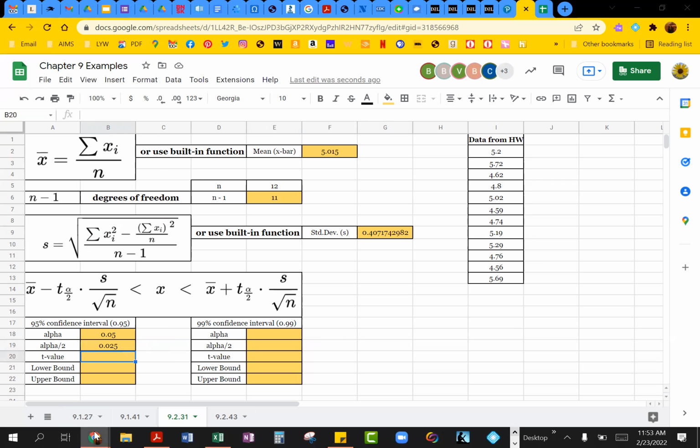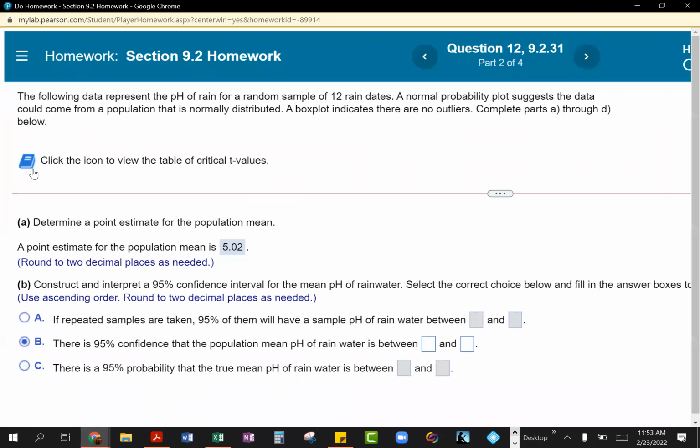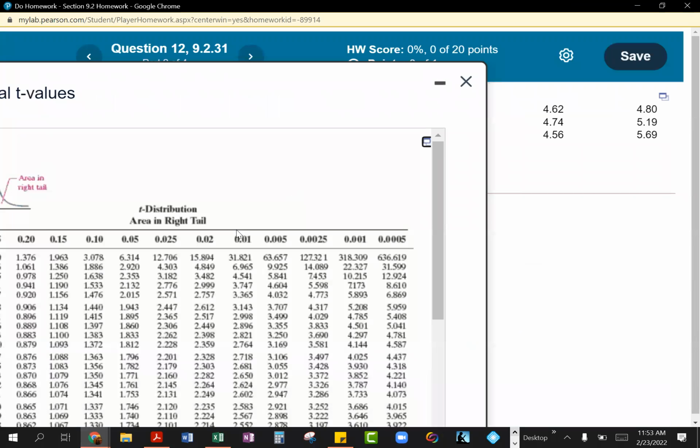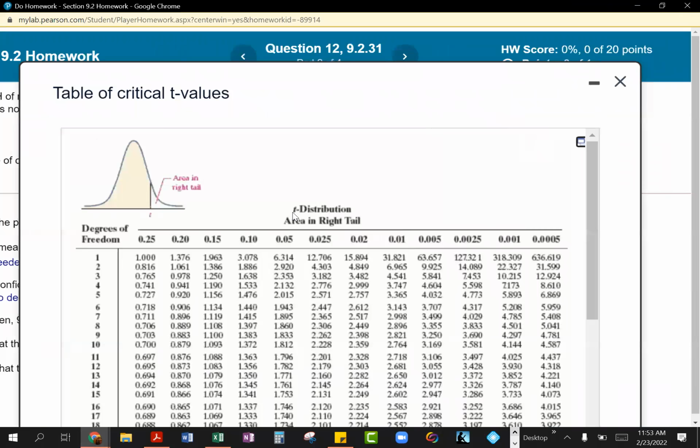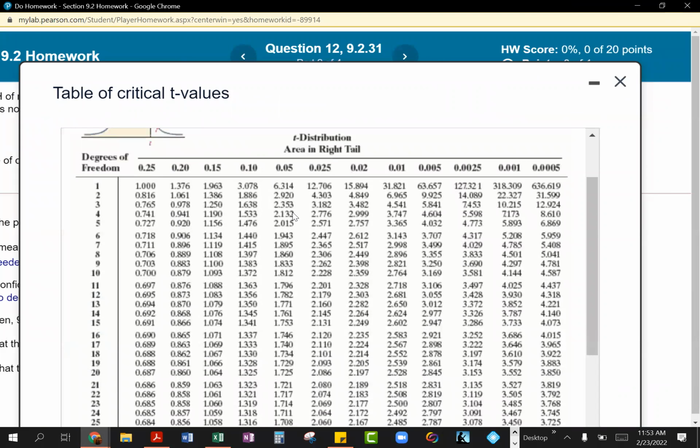Now for your t-value is where we go to this little critical value table here. And this time, the way this table is going to work is that you're actually going to take degrees of freedom with that alpha divided by 2 value that we just looked at. So degrees of freedom, remember, was n minus 1, so that was 11. Our alpha divided by 2 came out to be 0.025, which is right over here.